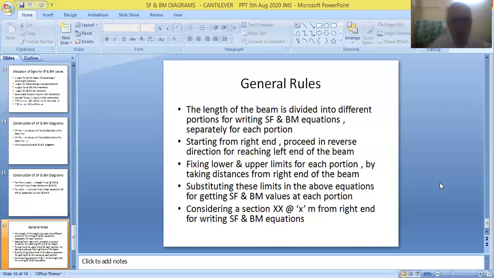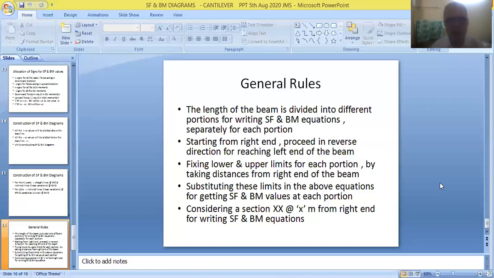Now we have to substitute these limits in the general SF and BM equations, that is in the corresponding SF and BM equations of the corresponding region, and we have to get two sets of values for shear force and bending moment values, and using all these values naturally we'll be in a position to construct shear force and bending moment diagrams.